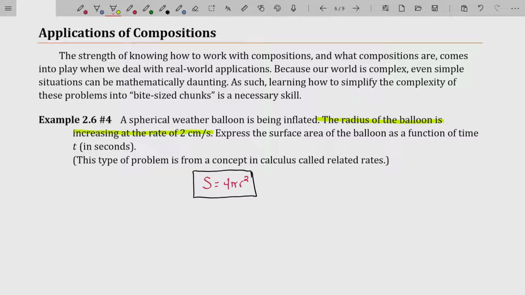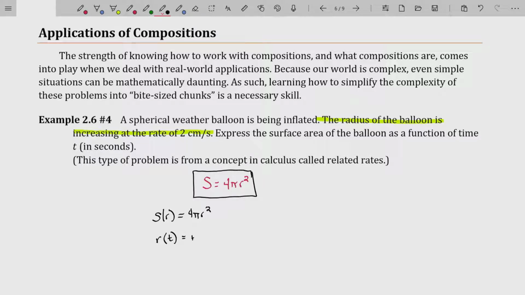So not only is surface area a function of the radius, but radius is increasing with respect to time. And so we could say the radius is increasing at a rate of 2 centimeters per second.